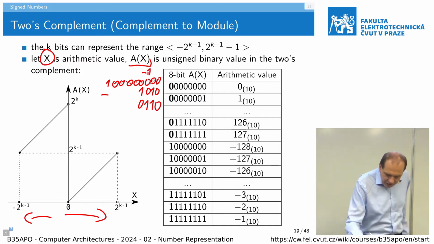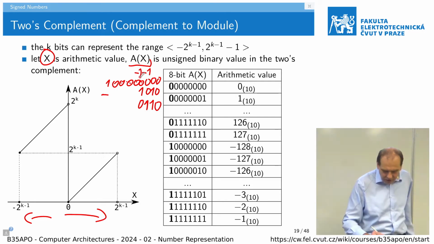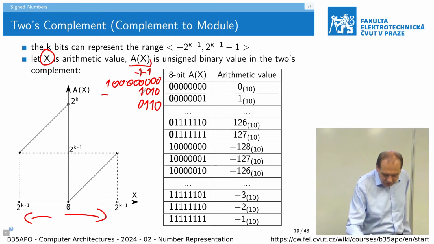Borrow 1, and it is 0 minus 1 is 1, and I need to borrow 1. 1 minus 2, and I need to borrow, it should be basically 1, 1, 1, 1.